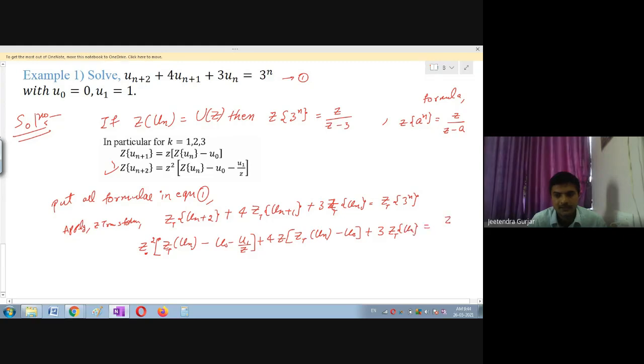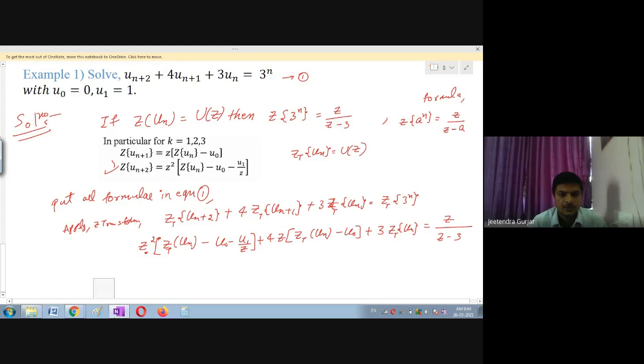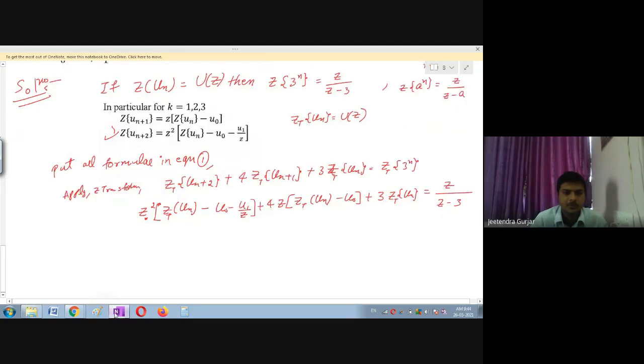Okay. So this is z divided by z minus 3. So Z transform of u(n) is nothing but u of Z. Directly you would have written this only. No problem, one step is increased here. Okay.